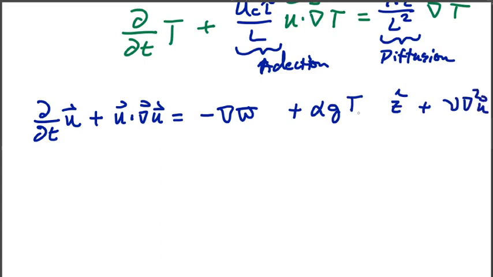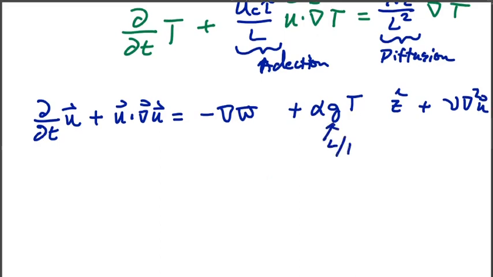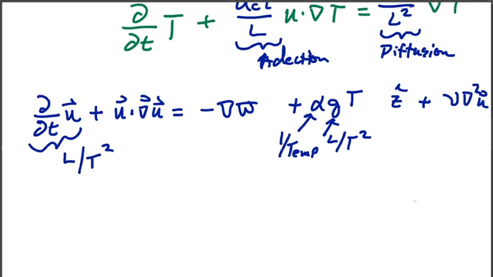So here's our fully dimensional form. Again, this has units of length per time squared, so this has units of 1 over temp. I've got my capital T confusing with the T here, but this has units that combine with the temperature, leaving a length per time squared, so that we agree with the units on our dimensional acceleration term, d by dt of u.